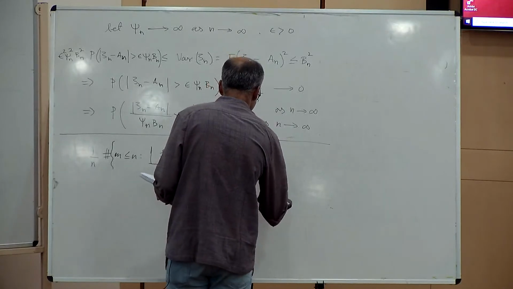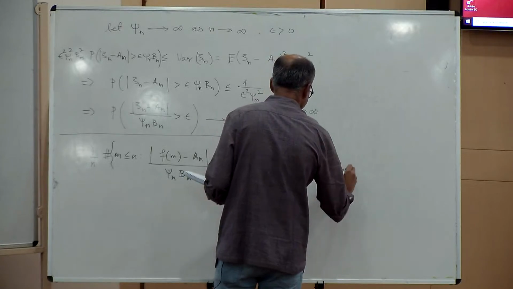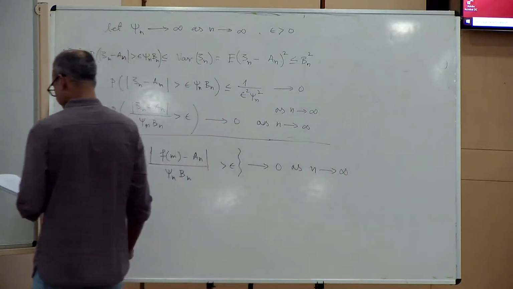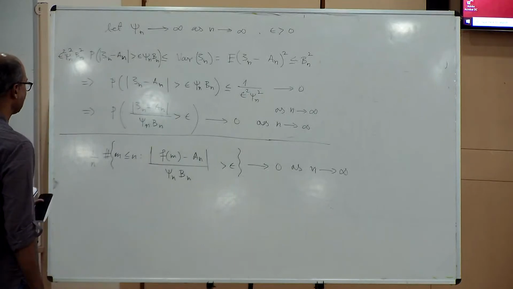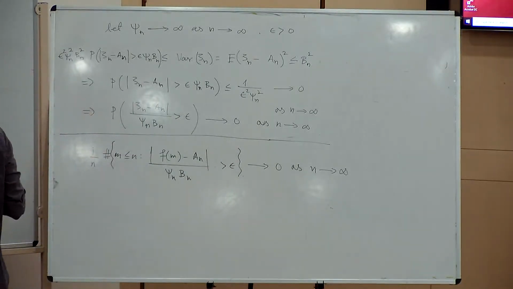And this goes to 0 as n goes to infinity. This is for a completely multiplicative function, because what we have modeled is a completely multiplicative function.